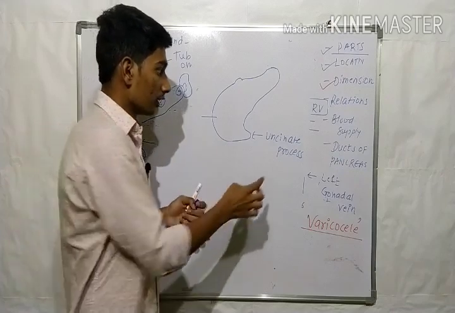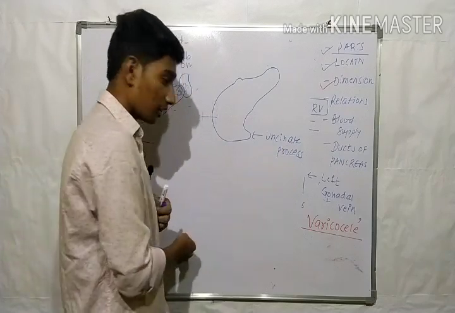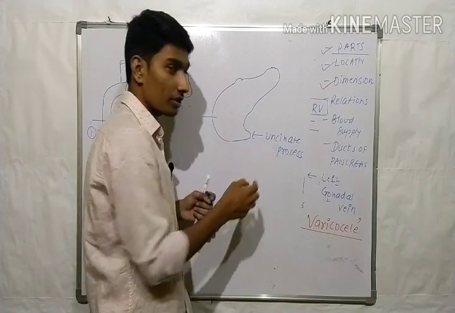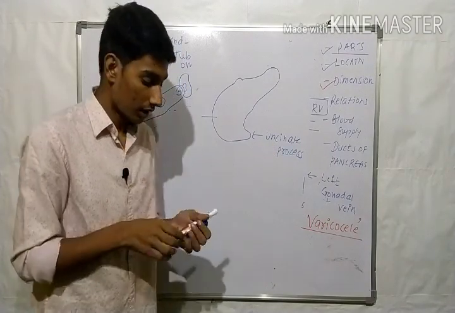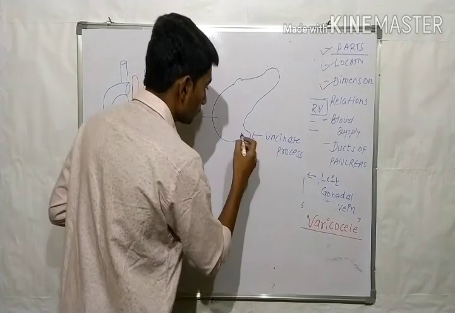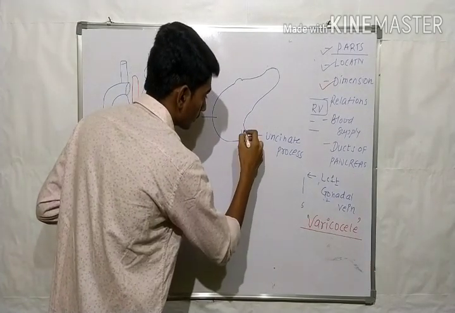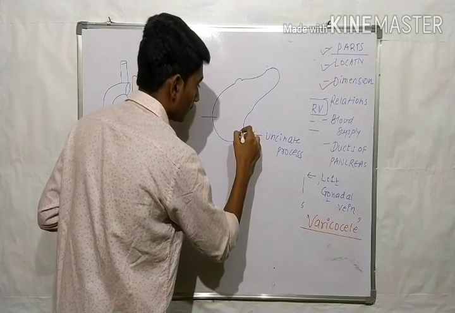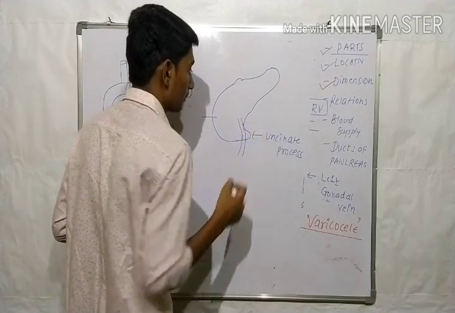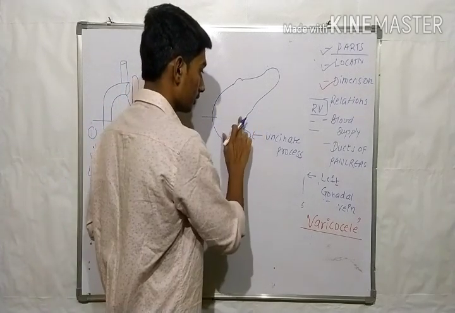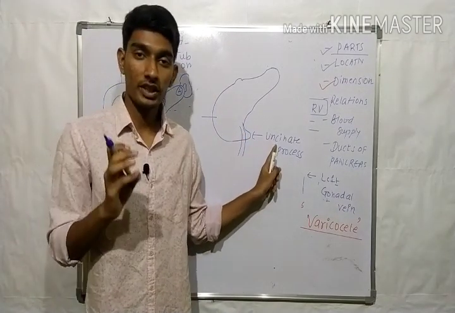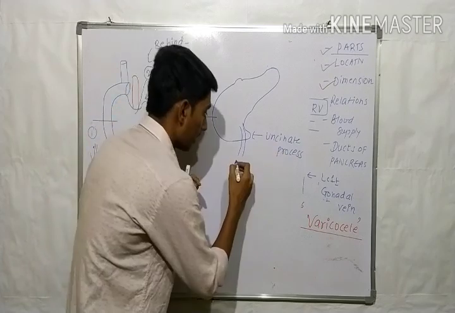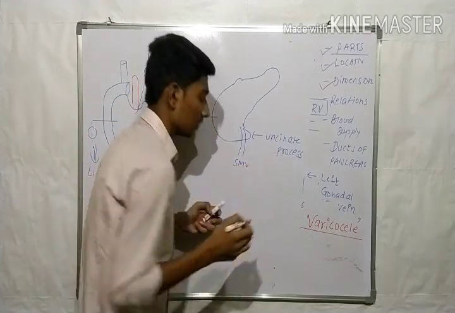Now, just now we have seen that the uncinate process crosses the superior mesenteric artery and superior mesenteric vein. So I will draw here the superior mesenteric vein. I have drawn here this superior mesenteric vein.